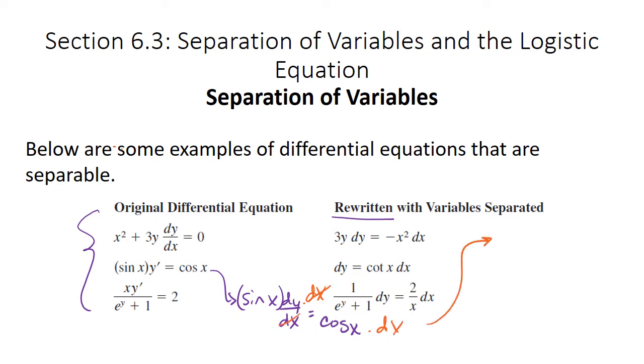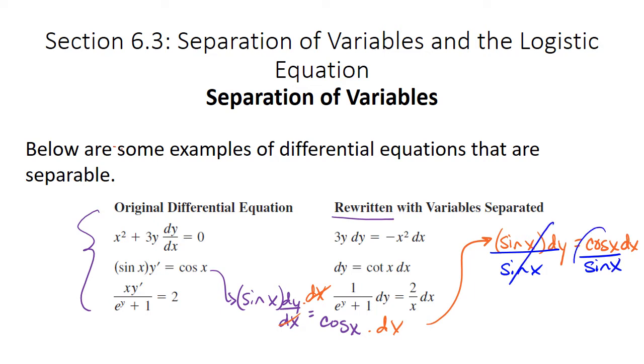So then I have sine of x dy is equal to cosine of x dx. And I'm getting closer to separating my variables. The problem is on the left-hand side here, you can see you have x and y. So I can remedy that by dividing both sides by sine of x.